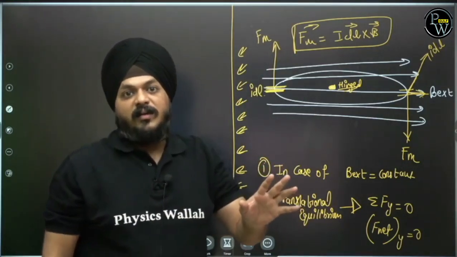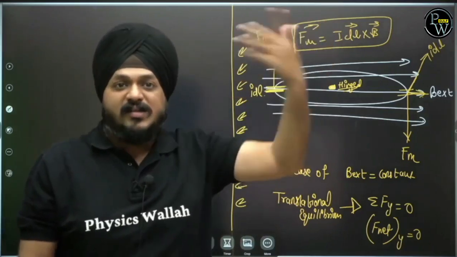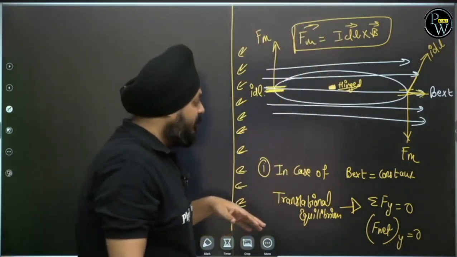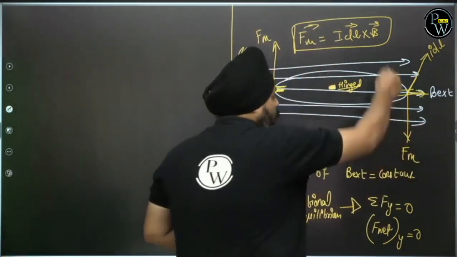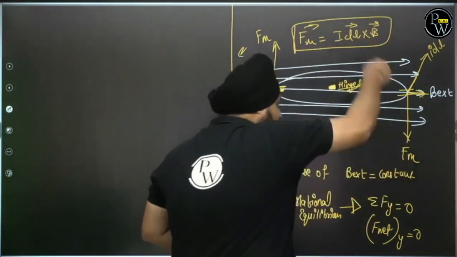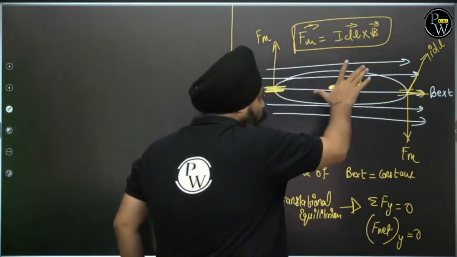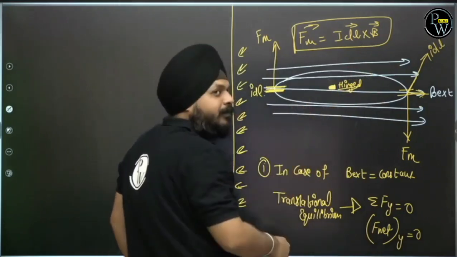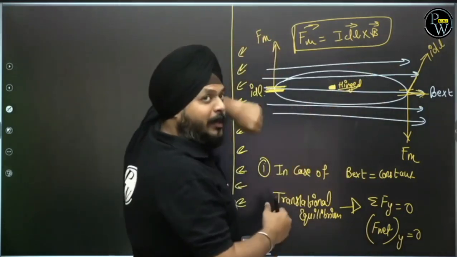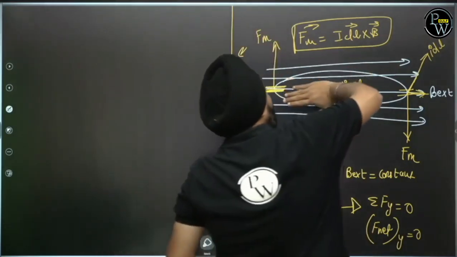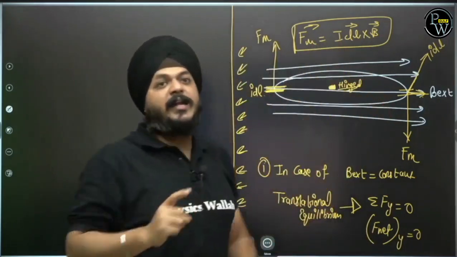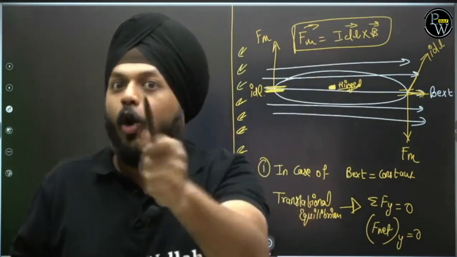I am just repeating it. Just grab this arrow and try to pull; this loop will rotate like this. It means that net force is zero, but net torque is not zero.